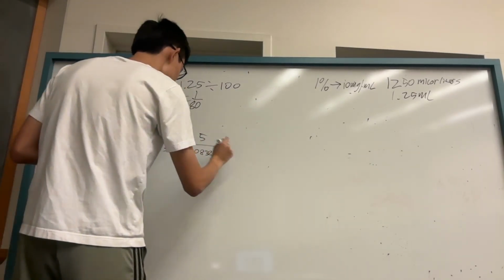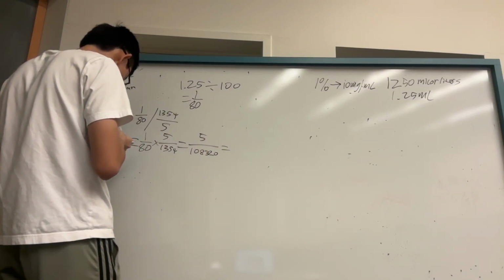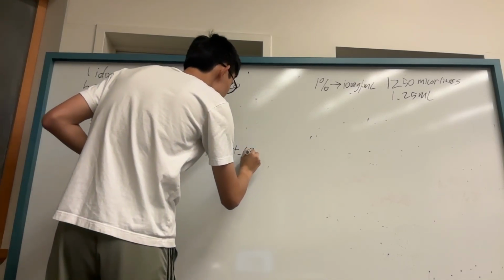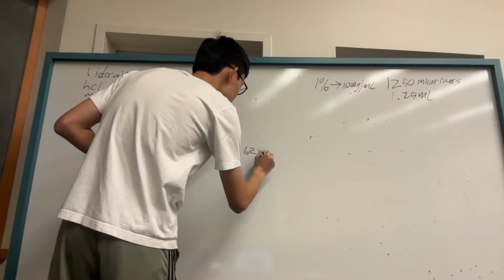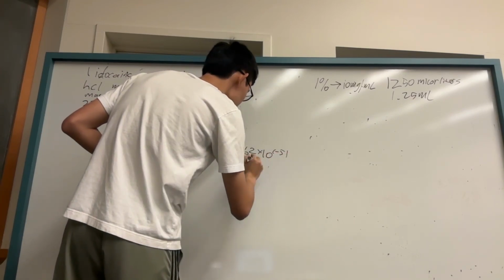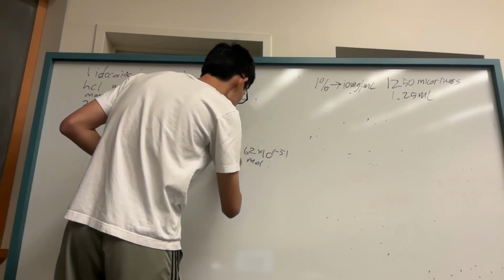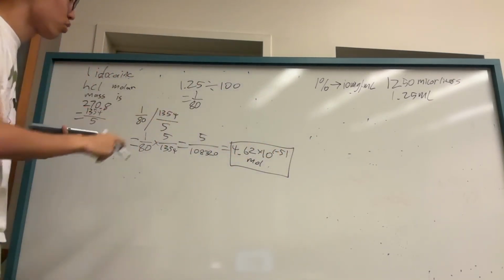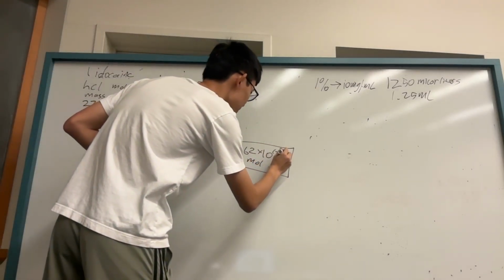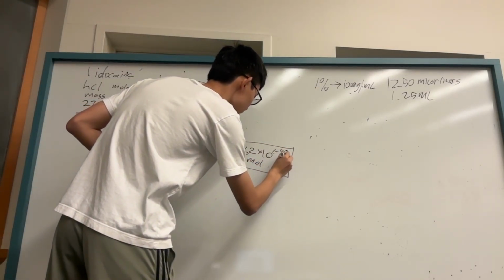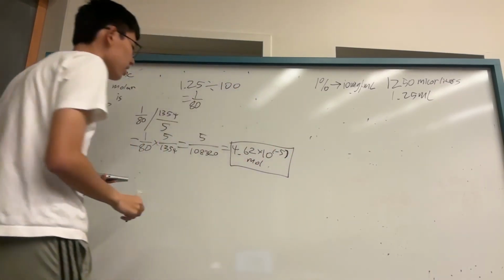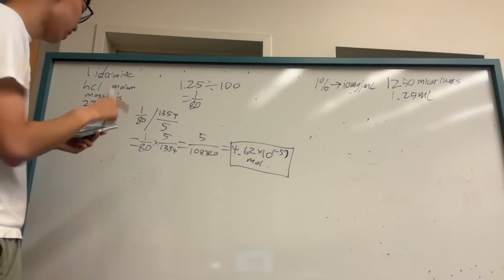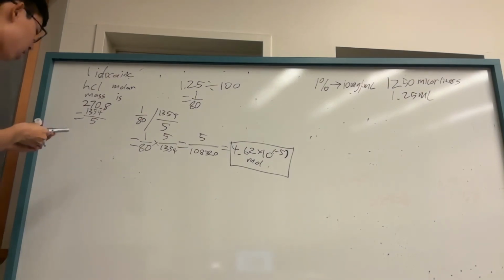And this is equal to 4.62 times 10 to the negative fifths moles. This is how many moles are given to that 6-year-old child in the question. And to find how many molecules, multiply this by Avogadro's number.